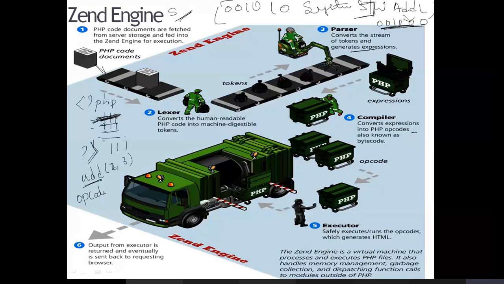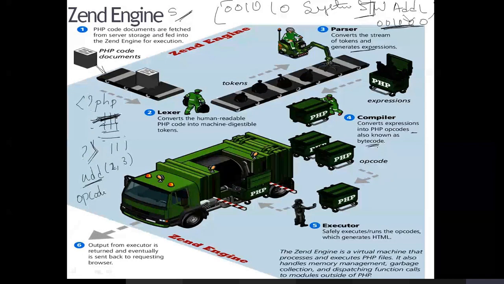So the parser converts the stream of tokens and generates the expression, and whatever expression is generated by the parser is sent to the compiler. The compiler converts the expression into PHP opcodes, also known as bytecode. Maybe you remember bytecode in Java; it is similar to that.